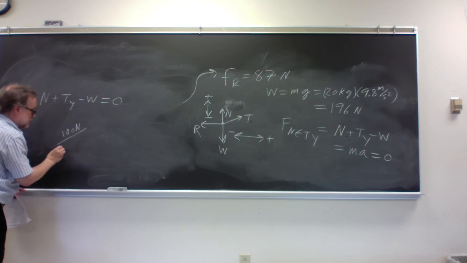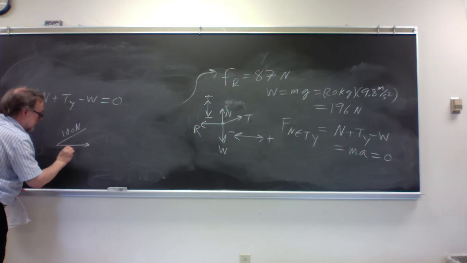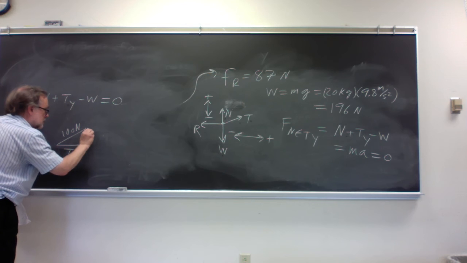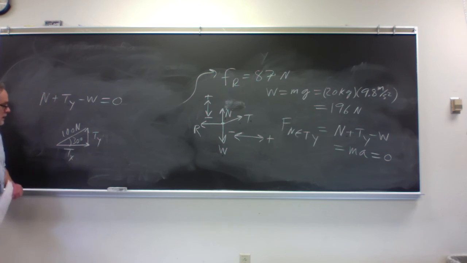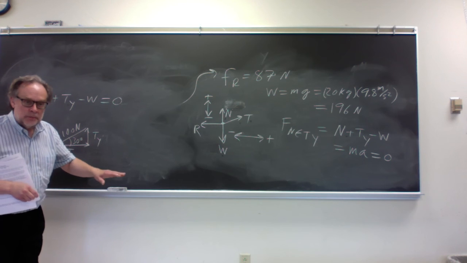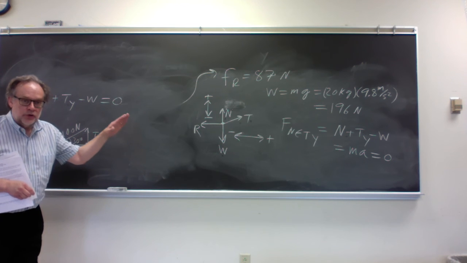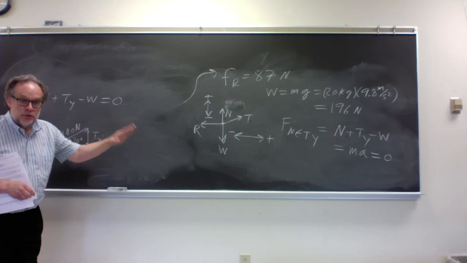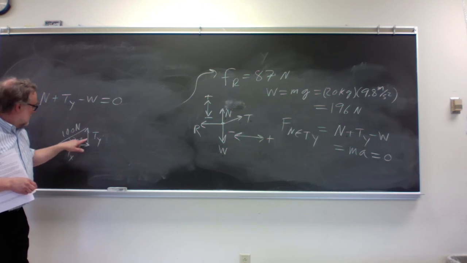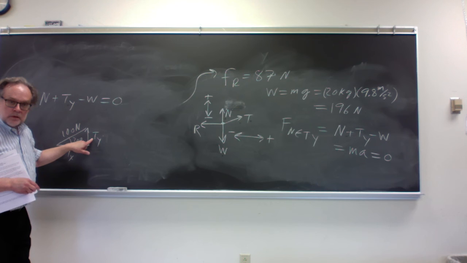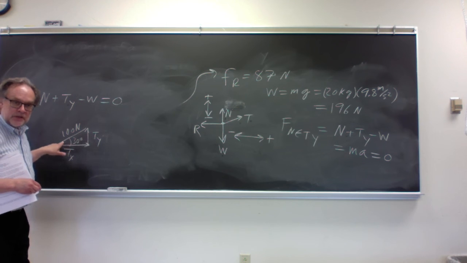There's our 100 newtons of tension pull, and there's the x component, there's the y component, there's the angle that we're using. The tension pull points 30 degrees counterclockwise with respect to the positive x-axis, and the y component of tension is opposite to this angle.